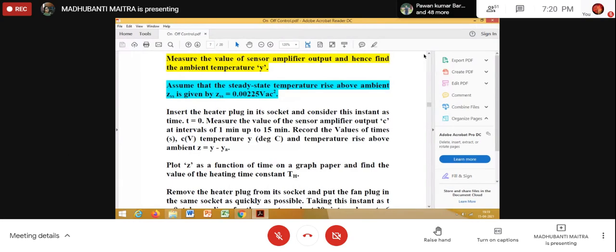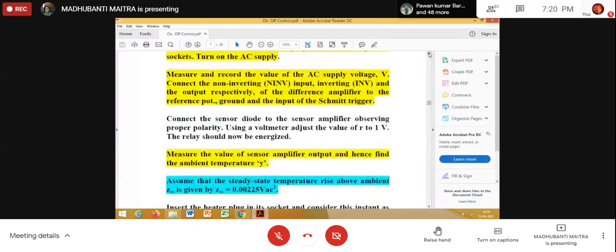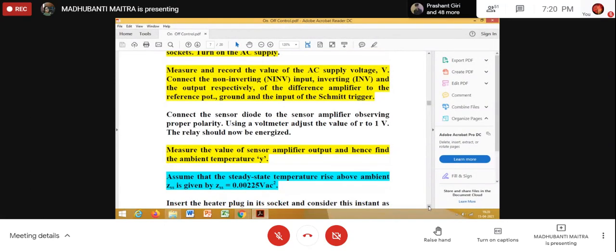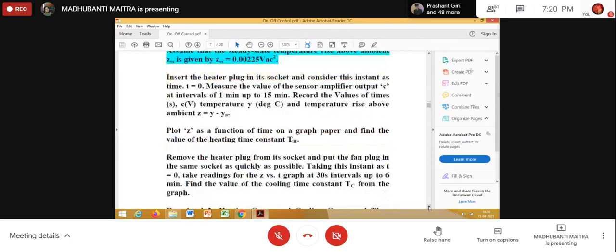This V AC is the same as the supply voltage, which is on average 230 volts. With this formula, we can find the steady state temperature rise above ambient.